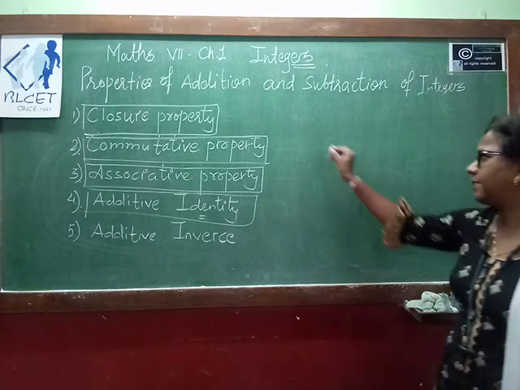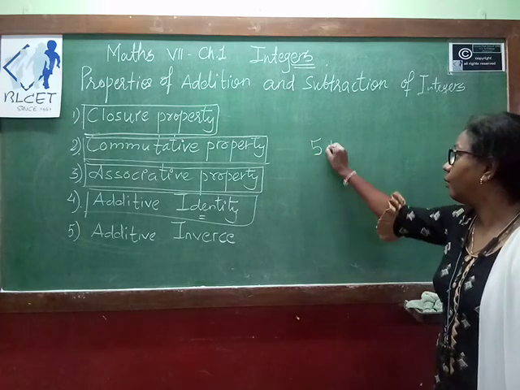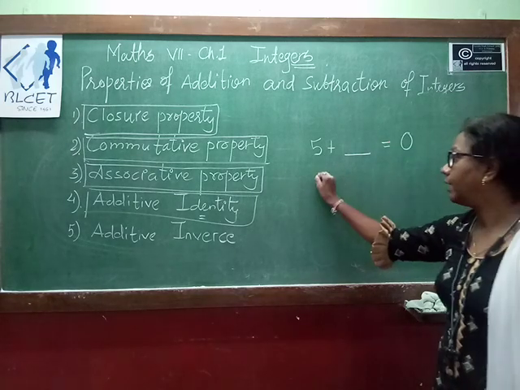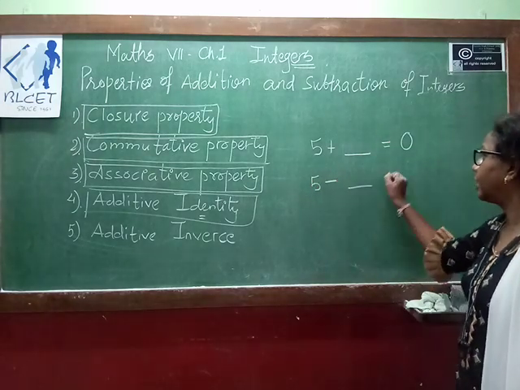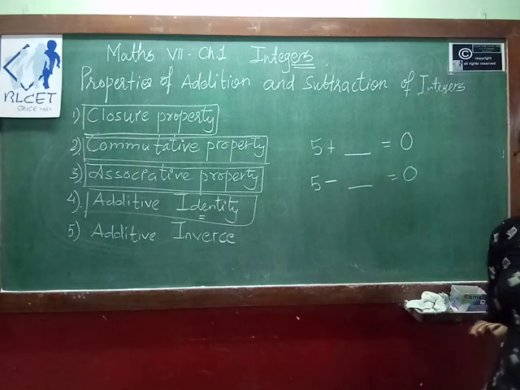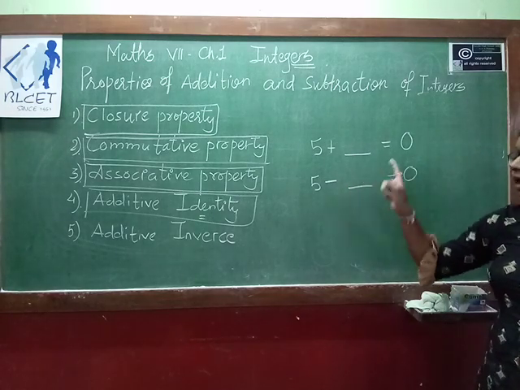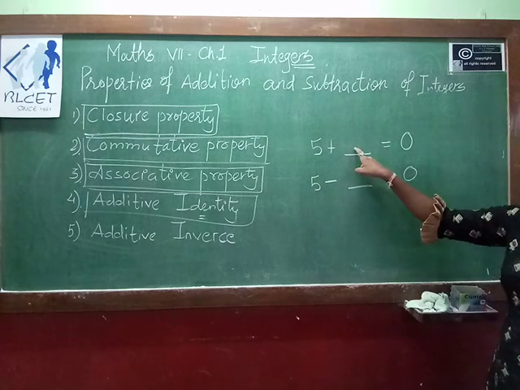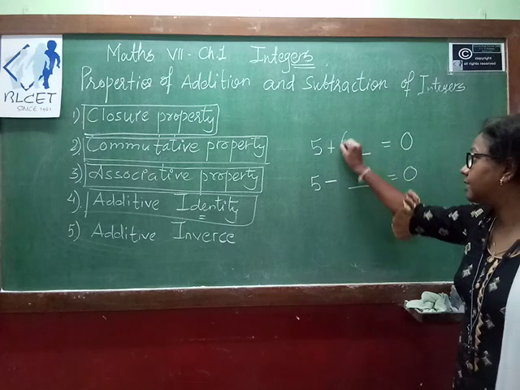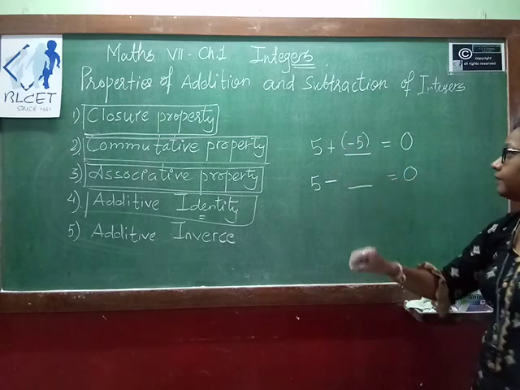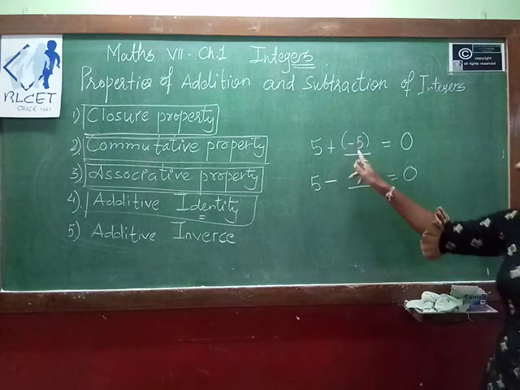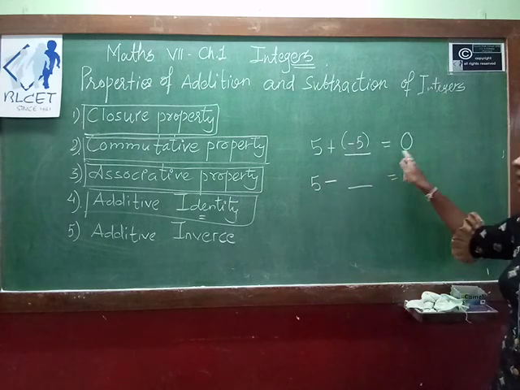For example, the same example: what are you adding over here so that your answer is 0? And what are you subtracting from here so that your answer is 0? This something is your additive inverse. So what can we say? -5. If you add 5 and -5, or you can say if you add -5 to 5, your answer is 0.